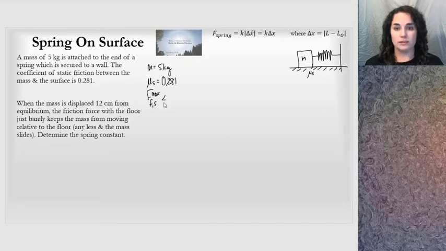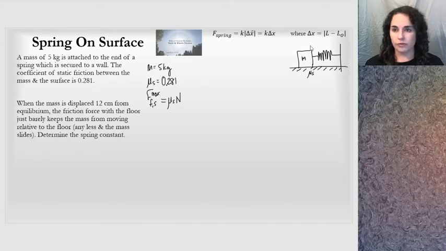Remember, it's less than or equal to, up to a point until it's the maximum value, and then it's mu s times the normal force. I'll write N here for normal force. That's just applying what I know conceptually. If they're mentioning static friction, I know that there's an equation, and I can think about the quantities that I need to use that equation.